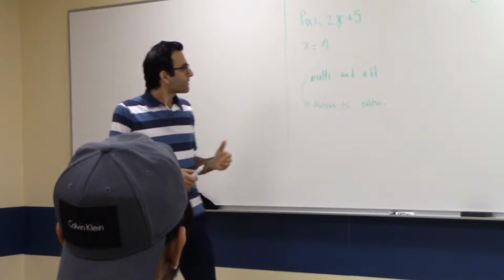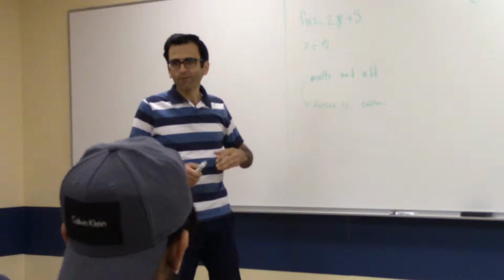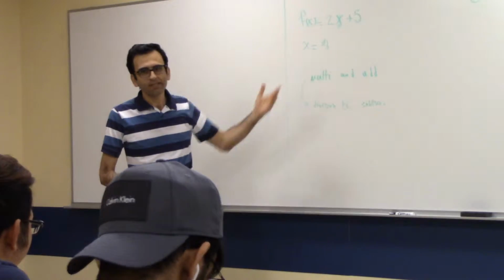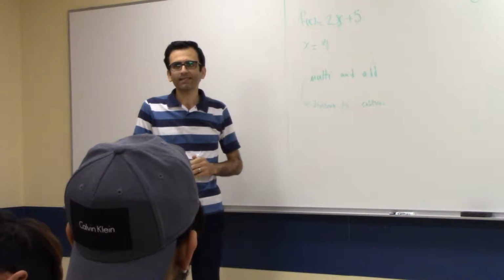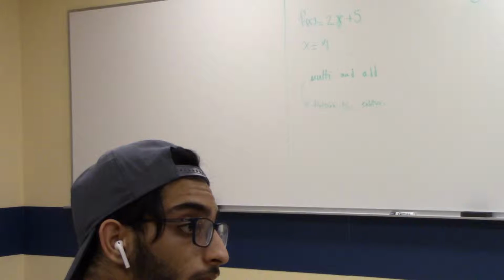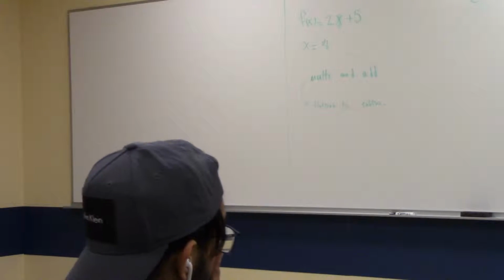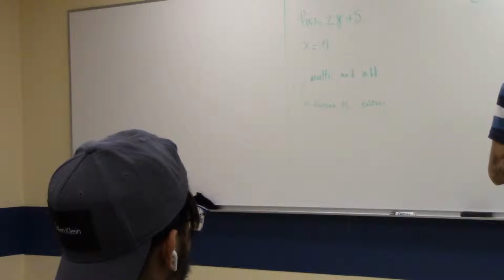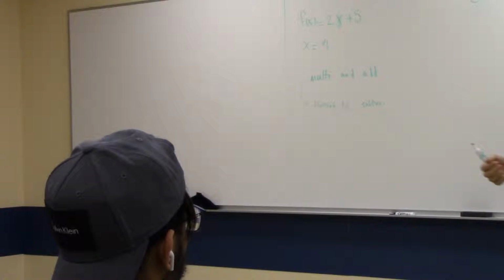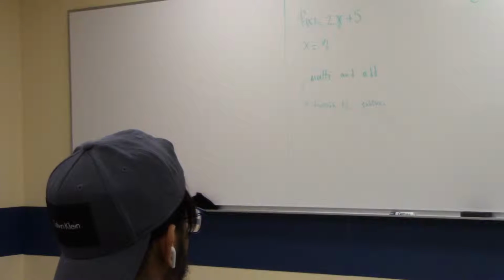So before going to the next step of finding the inverse function of this very simple function, let's define and find the criteria to be sure whether a function has an inverse or not. Because there are many functions that don't have any inverse function.